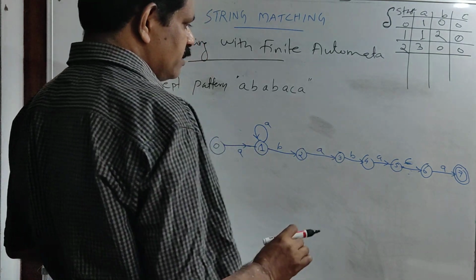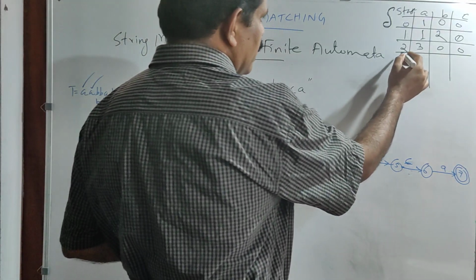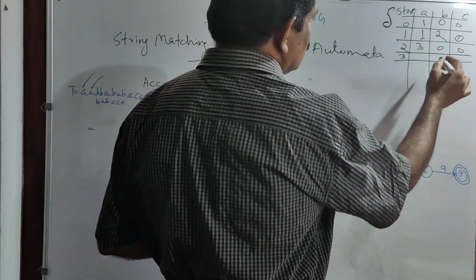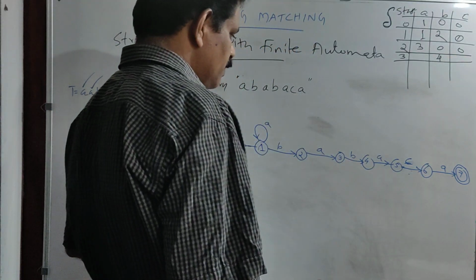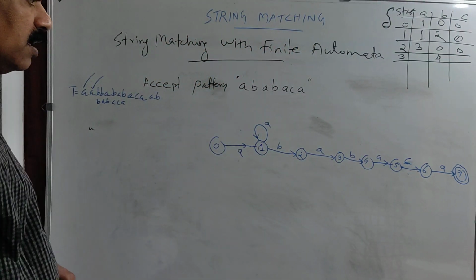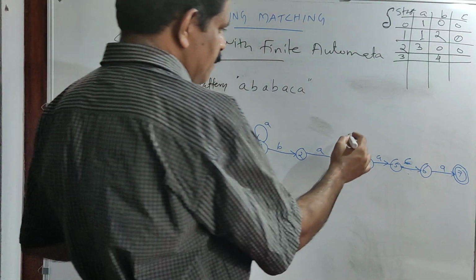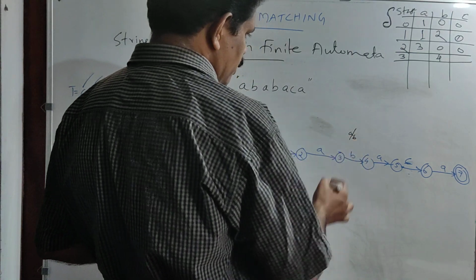Then what about state 3? On getting a B, it can move to state 4. Then what about A and B? Suppose A or B.